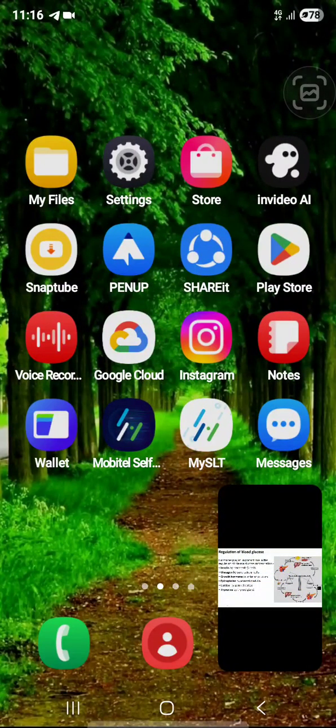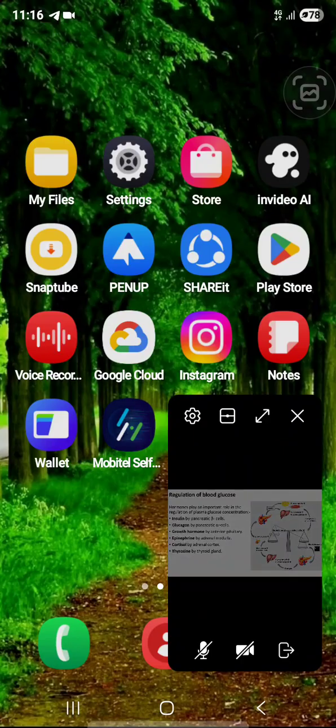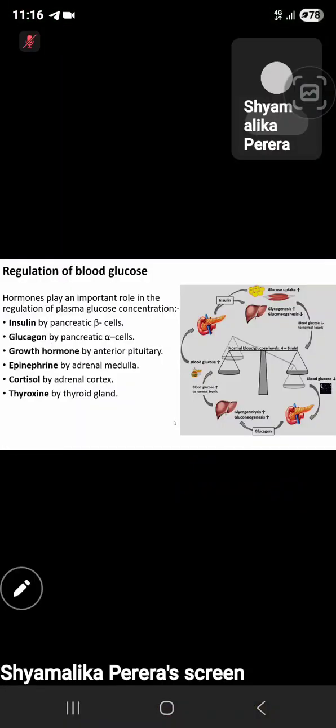If your blood glucose level goes up after taking meals, it signals your pancreas to produce insulin. Insulin increases glucose uptake by cells and enhances glycogenesis, or glycogen synthesis. That's how your body responds with insulin once your blood glucose level goes up.